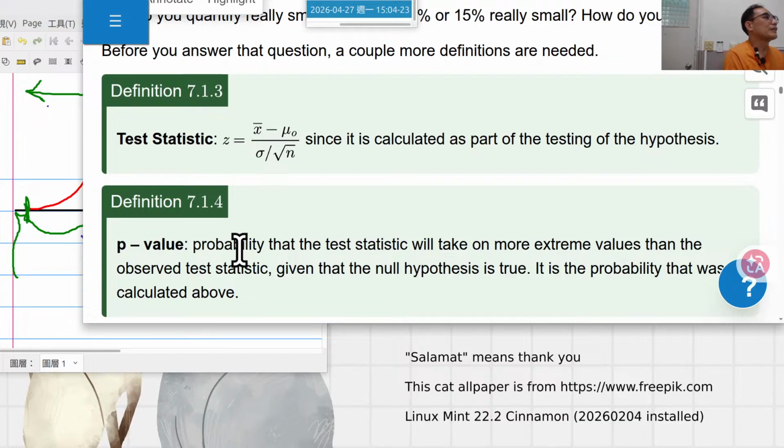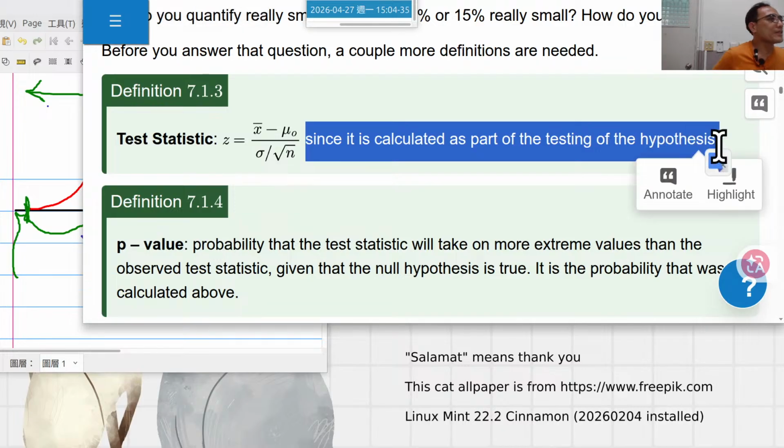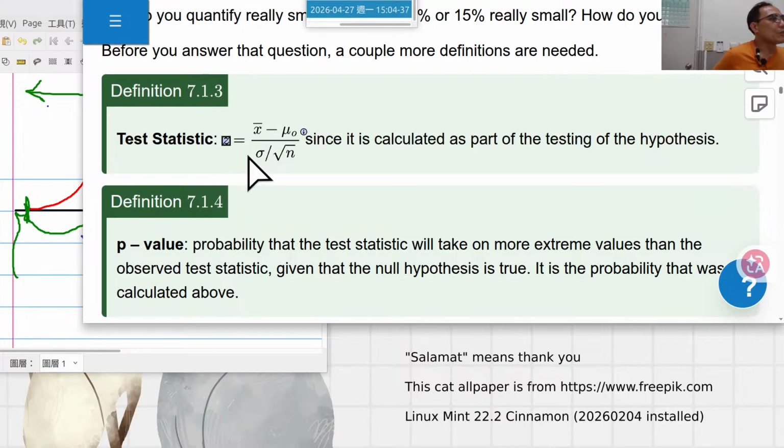Definition 7.1.3 has a statistic z, since it is calculated as part of the testing of the hypothesis. Z equals sample mean minus population mean, divided by, in the denominator, sigma divided by square root of n.